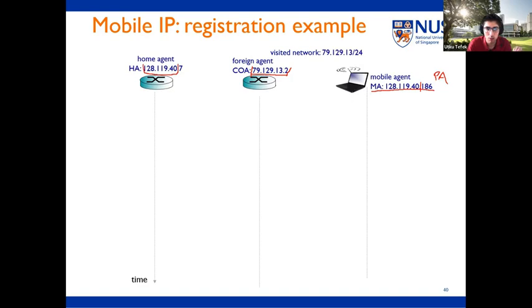And now we want to see how registration with the home agent is done under mobile IP. Once the mobile node receives a care of address, that address needs to be registered with the home agent. That care of address is obtained with the ICMP agent advertisement.